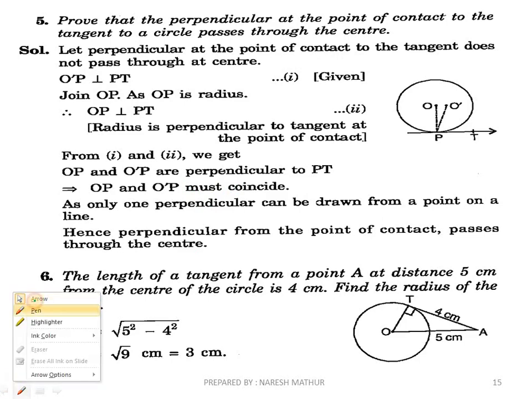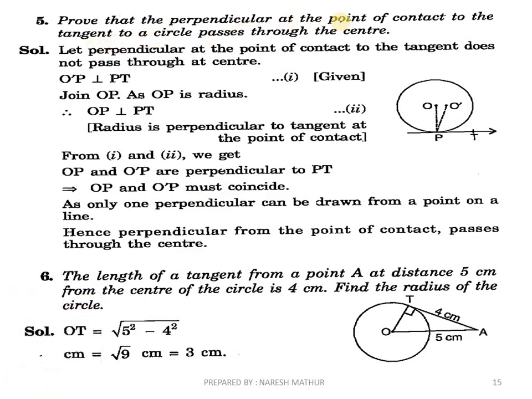In the next one, we need to prove that the perpendicular at the point of contact to the tangent to a circle passes through the center. It means we are given PT, let's say, a tangent, and the perpendicular on it is passing through the center. We need to prove that. So let's take another point O dash, and we are considering that the perpendicular is passing through this point.